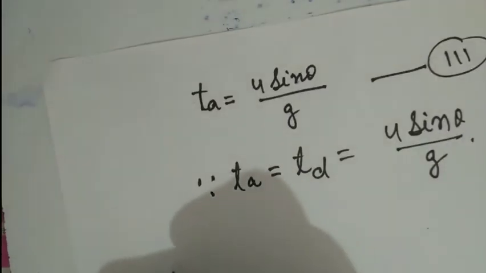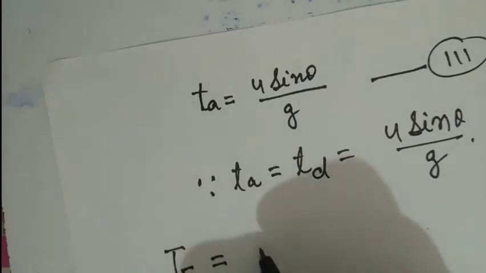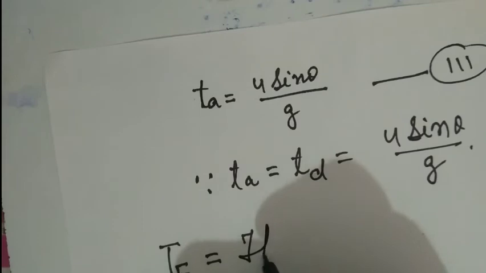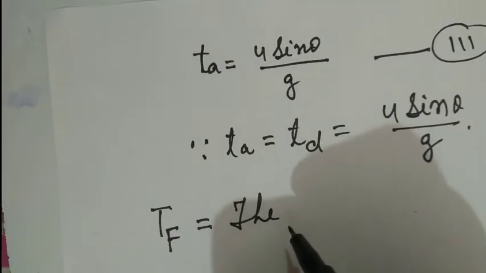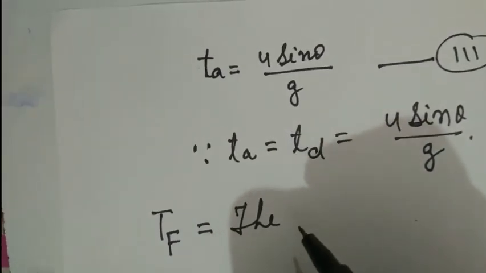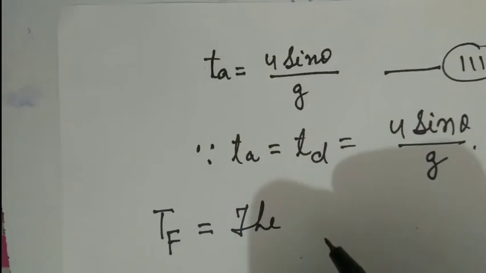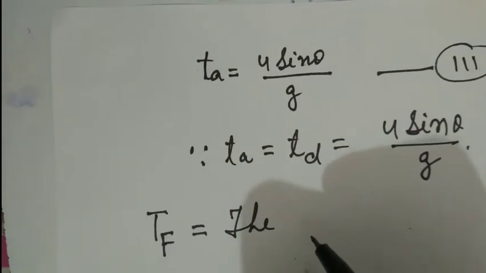So time of flight tf is the definition: the time taken by the projectile to remain in the air.